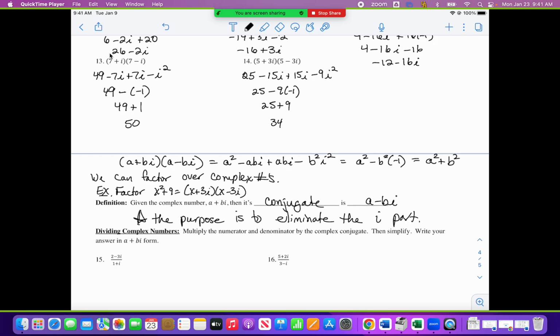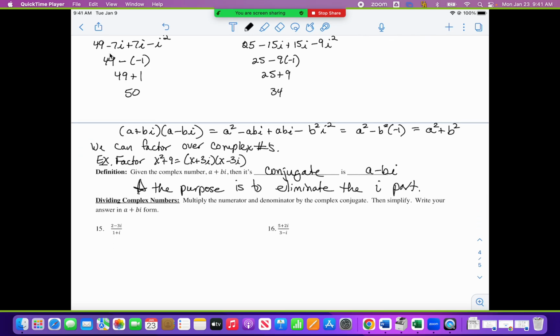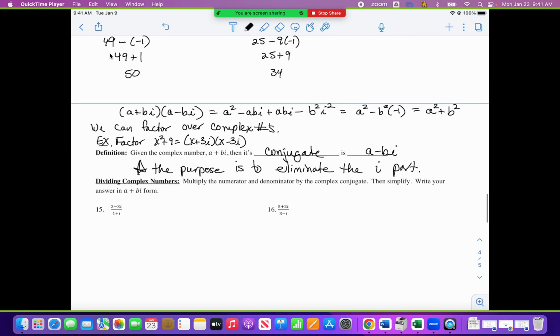So this will lead me to our very last thing. When you divide complex numbers, you're not allowed to have an i in the denominator. So in number 15, where I have 2 minus 3i over 1 plus i, I'm not allowed to have the i in the denominator.